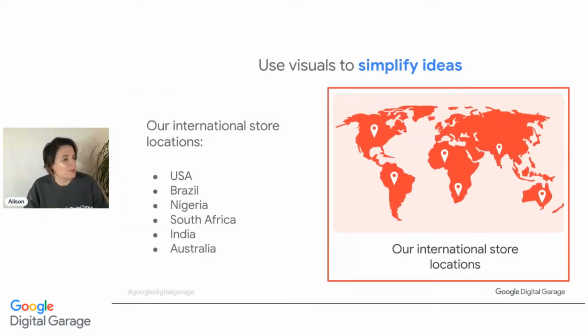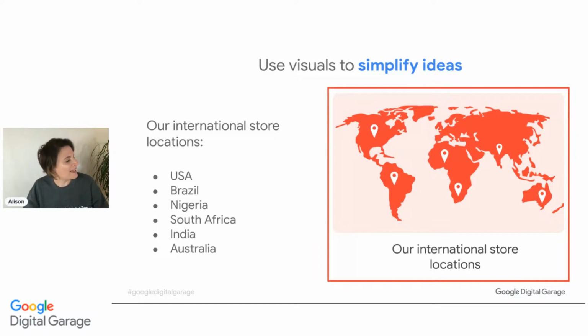And we mentioned visuals before, but visuals are a really effective way to simplify ideas to aid your audience's comprehension of your topic. So often when you're presenting, you might have to present information that's quite complex, and communicating that in a simple way can be challenging. So using visual representations of the information can improve understanding and retention.